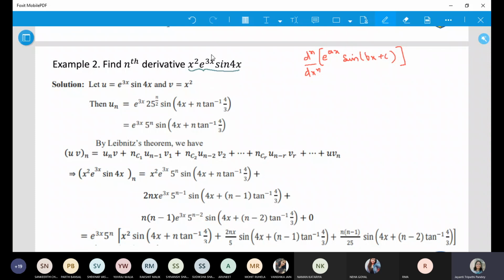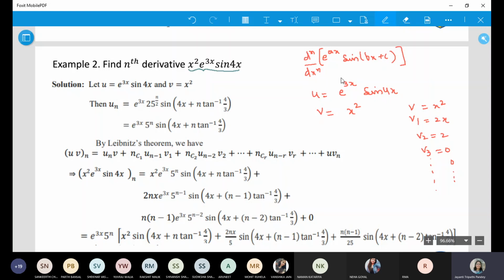Now when we have to split it, we will split it as u is e to the power 3x sine 4x, because we know its nth derivative without any problem, and v will be treated as x square. Now when you apply Leibniz theorem, if I write it as v, v1, v2 and v3, v is x square, v1 is 2x, v2 is 2 and v3 is 0. So v3 and beyond, everything will be 0.